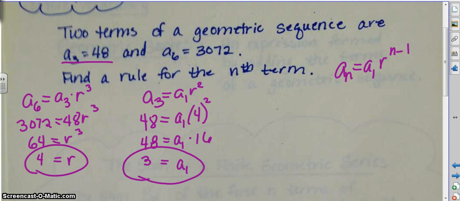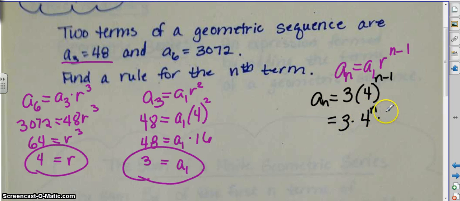Now I can put both of these numbers, the 4 for r and the 3 for a sub 1, into the formula to find the nth term. So a sub n is equal to 3 times my ratio raised to the n minus 1. And I can simplify this by using order of operations.